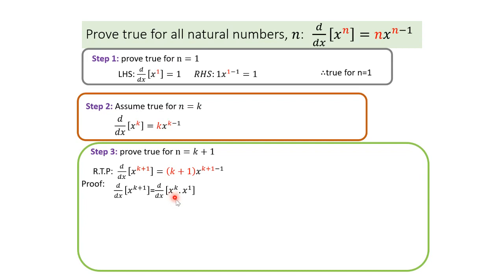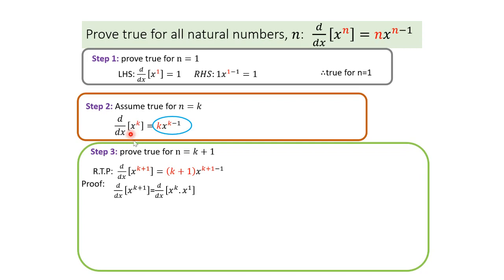You are differentiating using step 2, or knowing the derivative of x to the 1. Okay, so let's have a look at how we break up. Because remember that when we are doing the proof in step 3, we have to use something from step 2. So we have to use that formula.